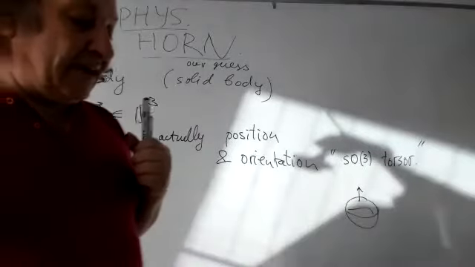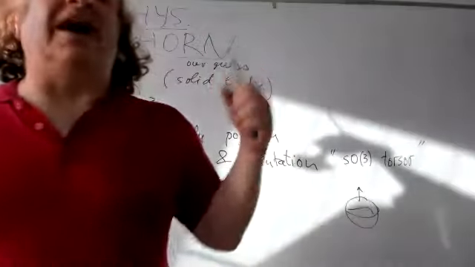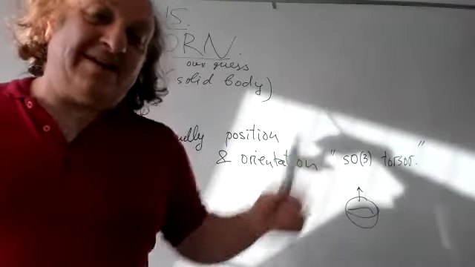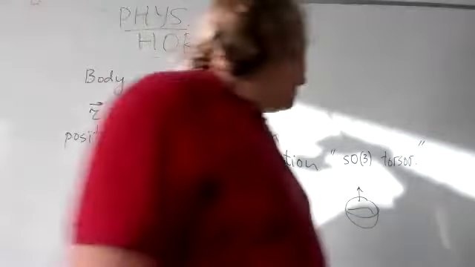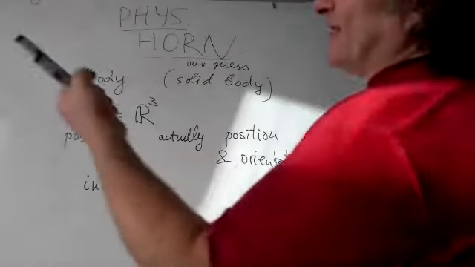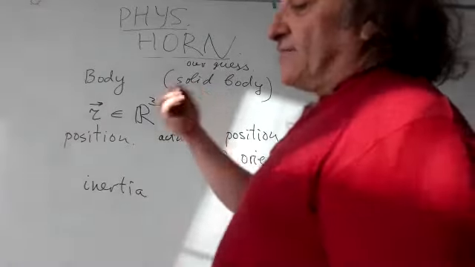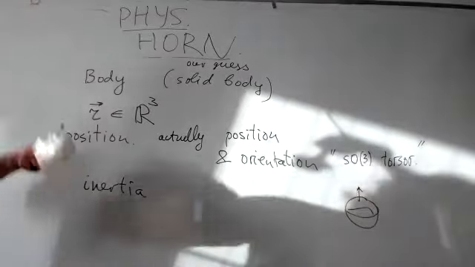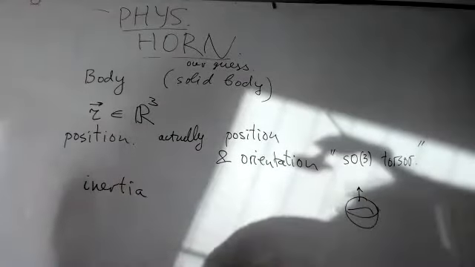It is because he was applying his axioms to planets and stars. Planets and stars are spheres, and their motion could be described by just their position.